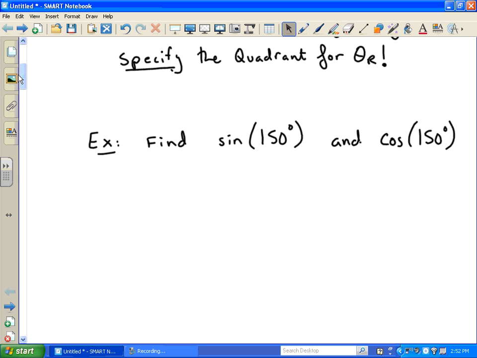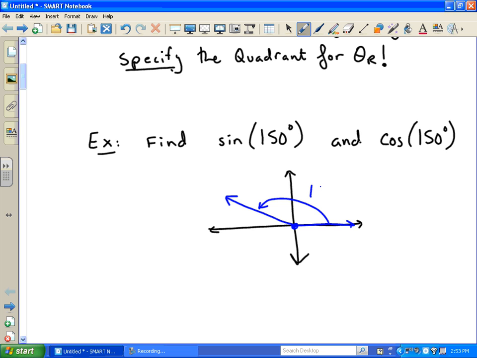The first thing that I will do is draw a picture. 150 degrees we know is located in quadrant 2. Now, it's my goal to create a right triangle in quadrant 2. So I will drop a right angle down from the terminal side to the closest x-axis.